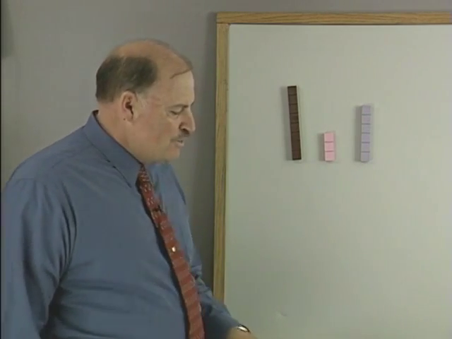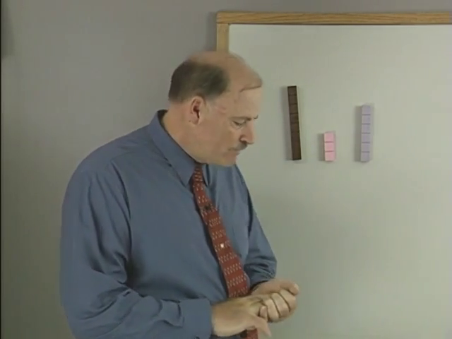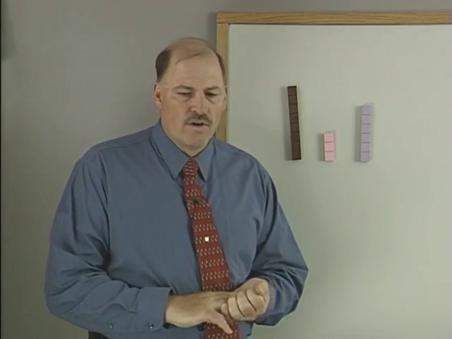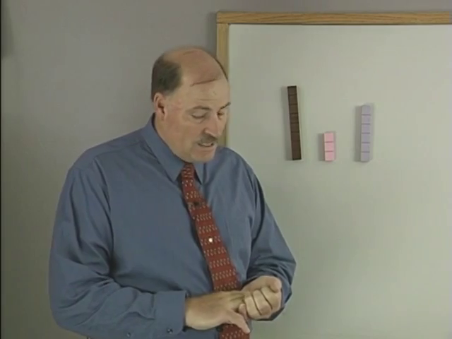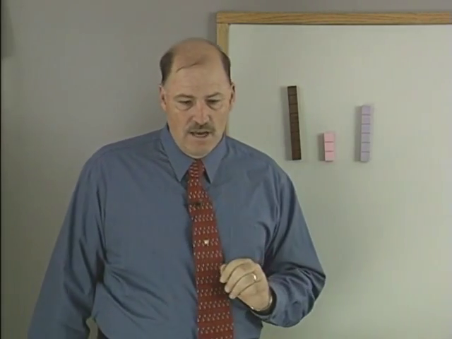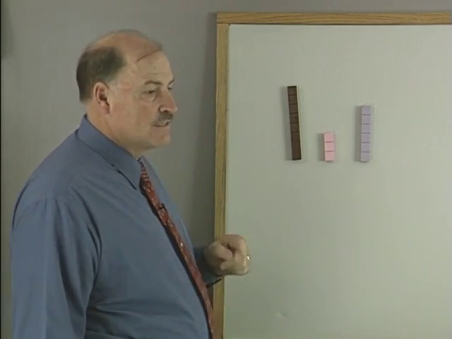Now, I want you to put them in a sequence. A sequence is an orderly progression, and I'm going to describe the sequence. The first sequence, I want you to tell me if you can put these numbers in order from the smallest, that would be on the left, to the largest. Which one do you think would go to the left? Pink.